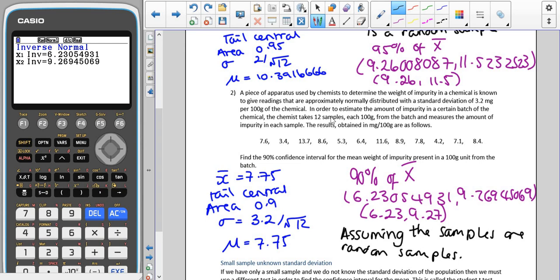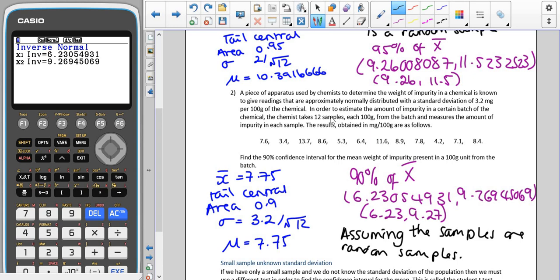Which means that 95% of the means of our samples are going to be between 6.23054931 and 9.2694569. And again, you can see there that I've rounded them to 3 significant figures as well.